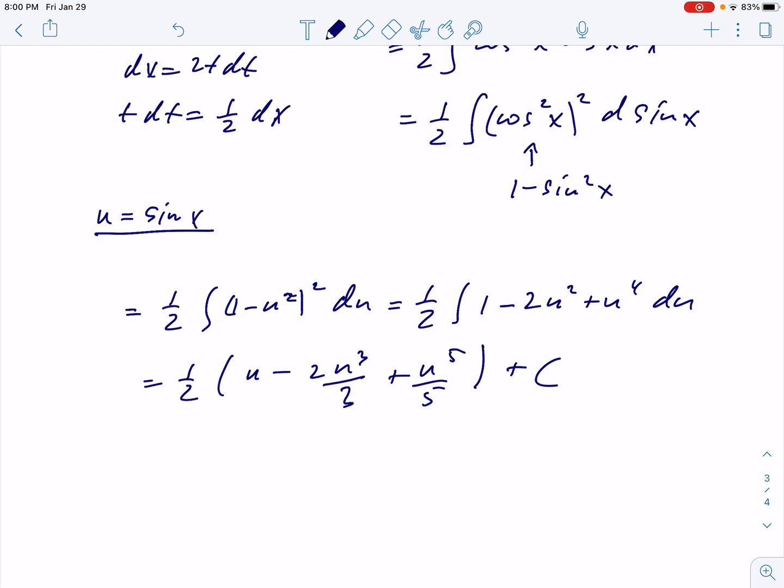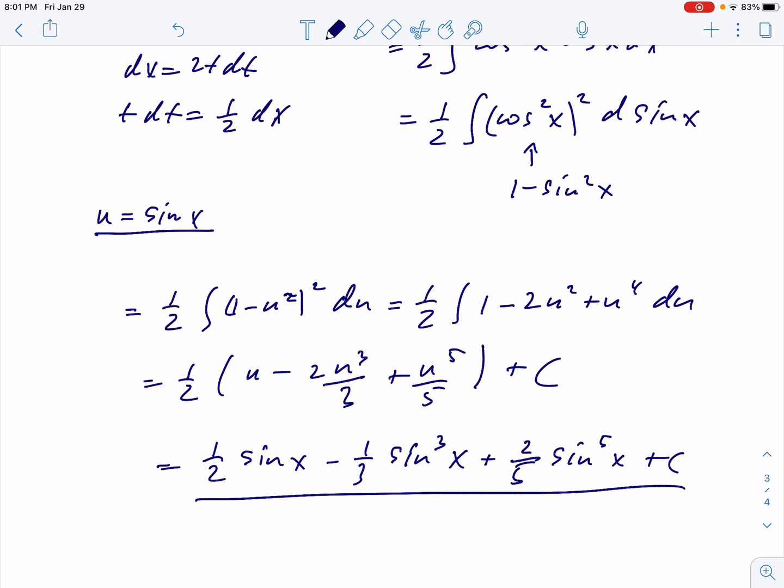Now I shall multiply in the parentheses by 1/2 and at the same time return to x. So this will be 1/2 sine x minus, here the second term becomes 1/3, reducing by 2, sine cubed x, then plus 1/5 sine 5th power x and plus c.